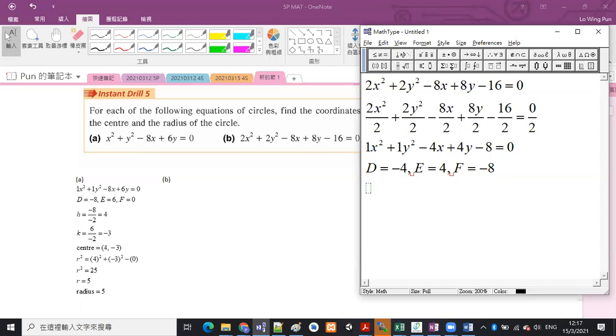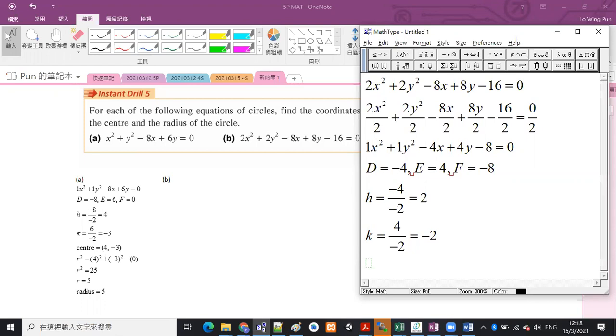You get this? So when we have these 3 values, we can calculate the h value and k value. So h, the formula is d over negative 2. Okay, so negative 4 over negative 2. And that should be equal to 2. And then the k value should be e over negative 2. That should be negative 2.